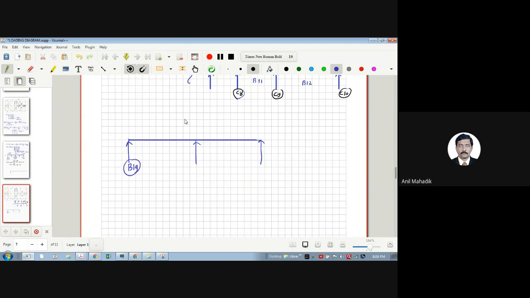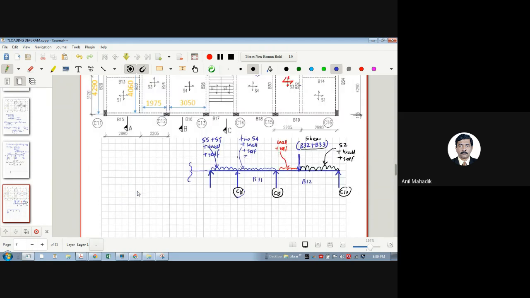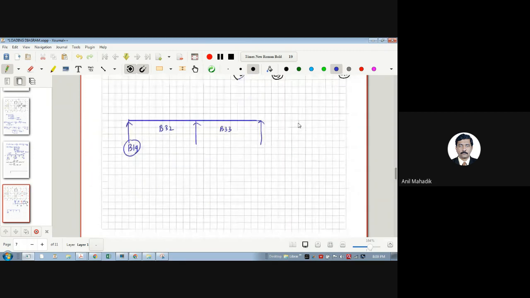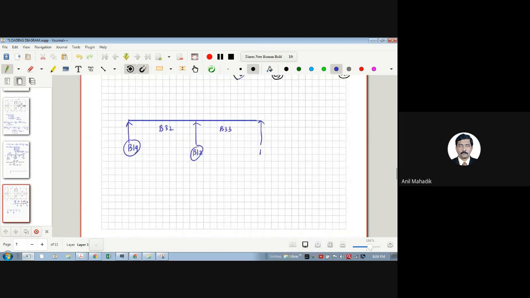B32 is resting on B19 to the left side, and to the right side it is resting on B12. So ये मेरा B12 है. So these beams are resting on the beams, and यहाँ B5 है. So these are my supports.